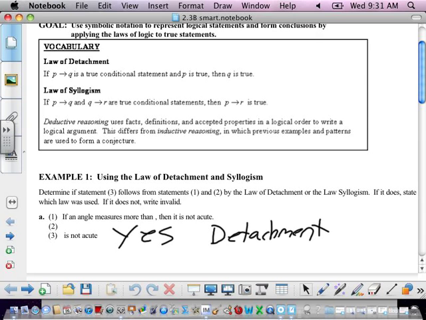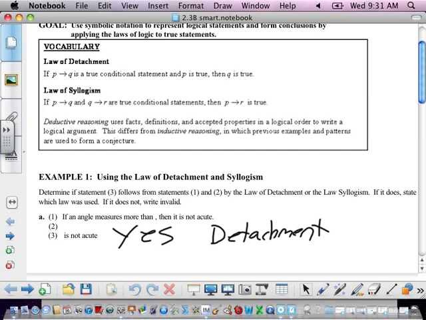Why? If an angle measures more than 90, then it is not acute. So I tell you my angle is 120, and it's not acute. Is that true or false? It's true. Okay? So that's what you would do with B, C, D, and E. Tell me if it's true or false. If it's not true, tell me why. Give me like a counterexample.